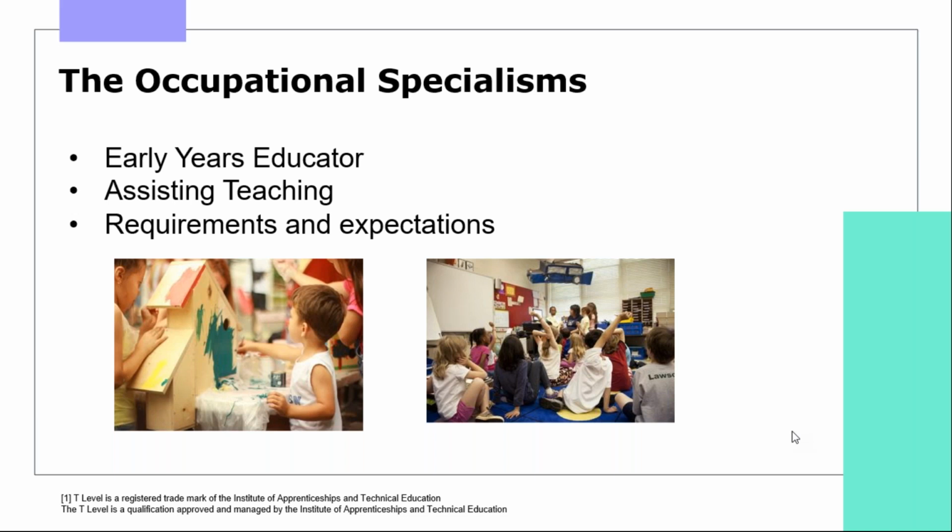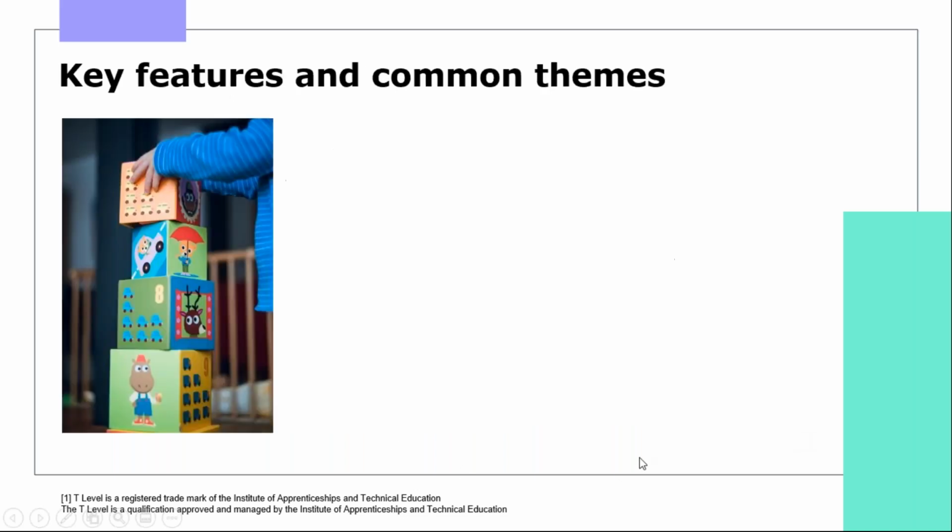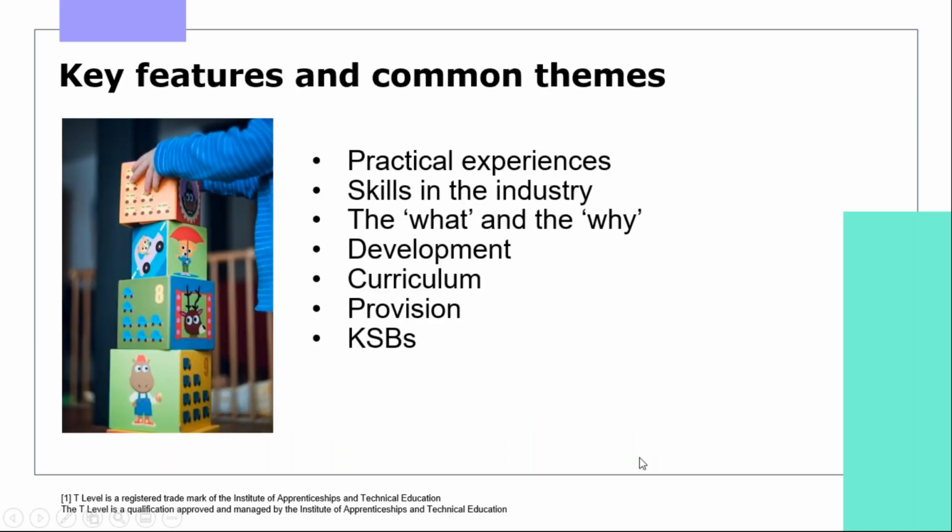So the requirements and the expectations here are very aligned to practical skill. So we are building on practical experiences, skills in the industry. As it says here, what are we doing and why are we doing that? Child development is absolutely crucial, and understanding how that is fitted around the curriculum.